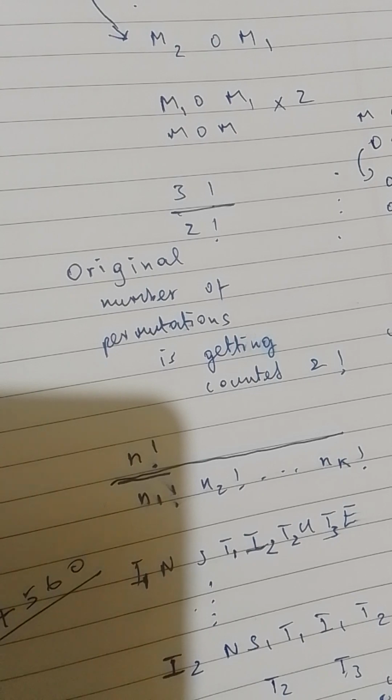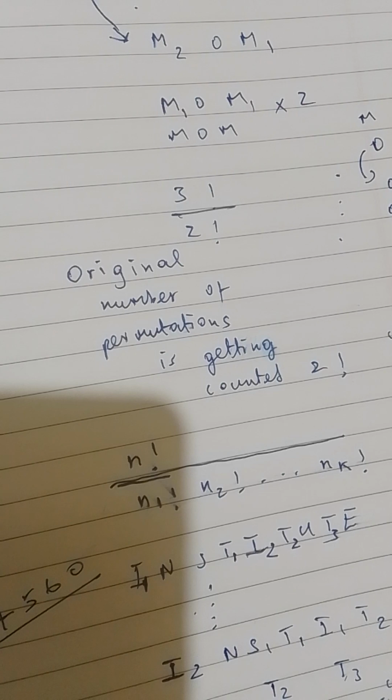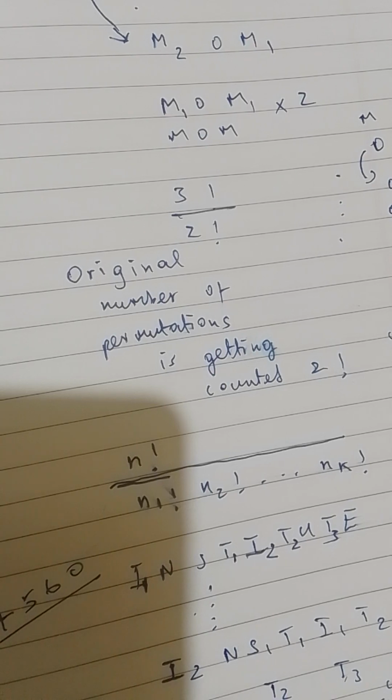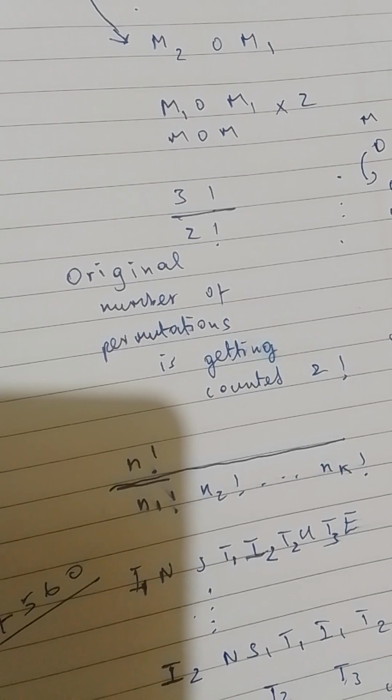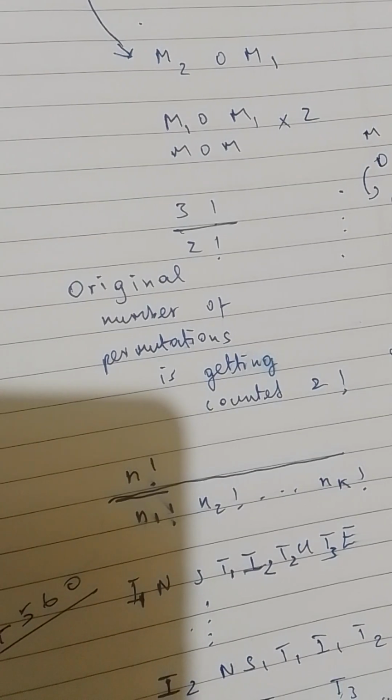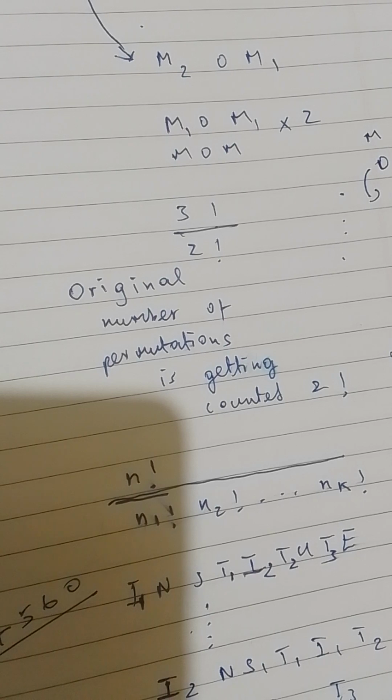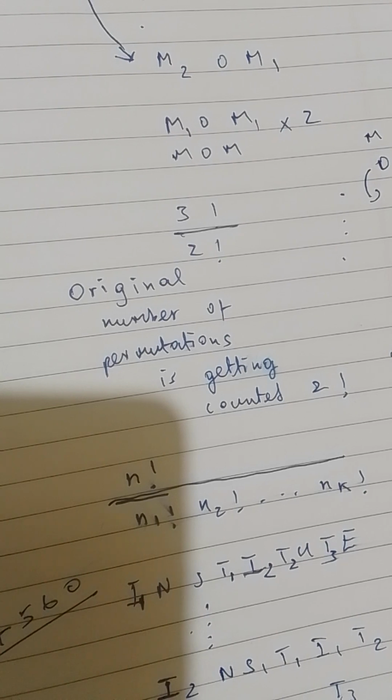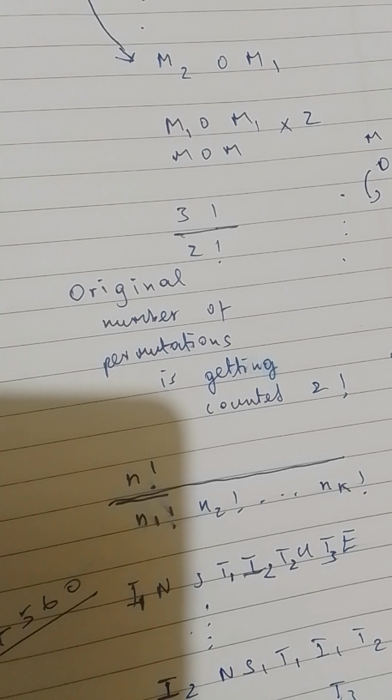So, what did I calculate? 9 factorial, then divided by, I'll take another bracket, that is 2 factorial, and into, I'll take another bracket for the 3 factorial.